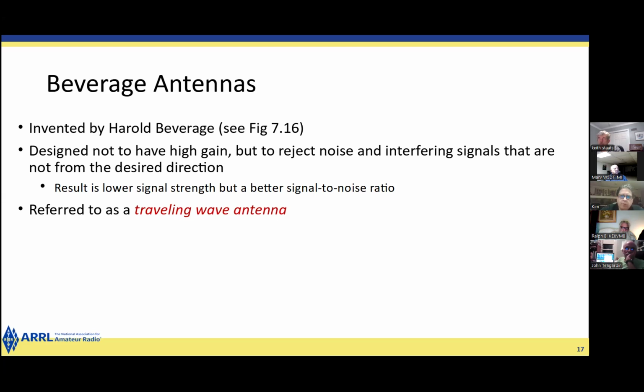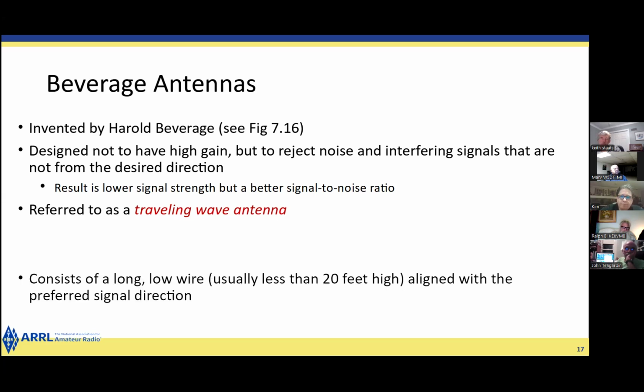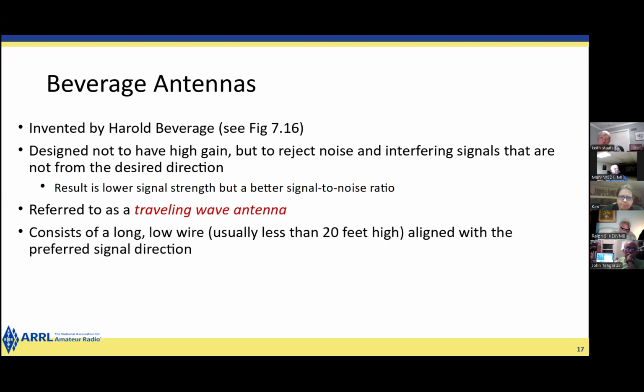They're referred to as a traveling wave antenna. It's usually a long wire, usually as long as you can get it. And you put it fairly low, less than 20 feet high. And then you align it with the direction that you're hoping to get signals from.